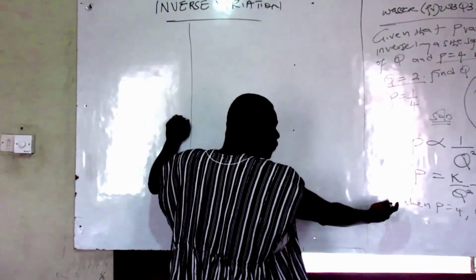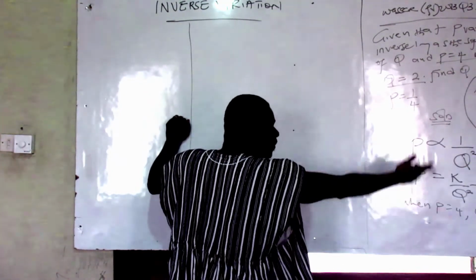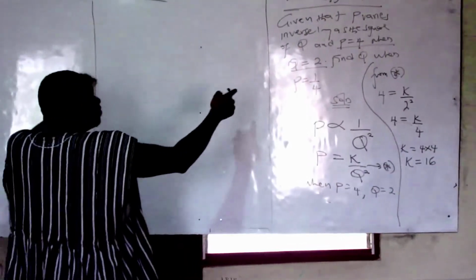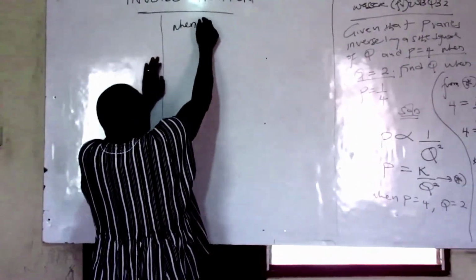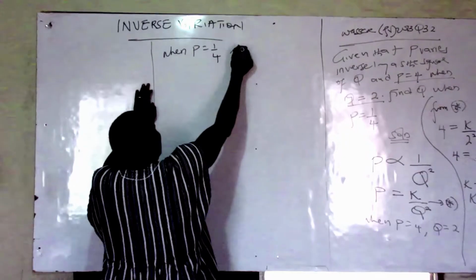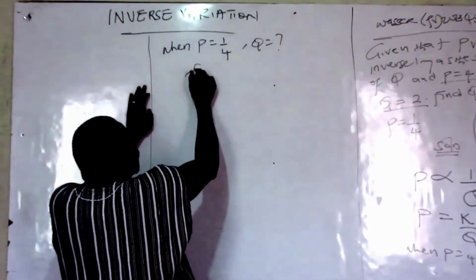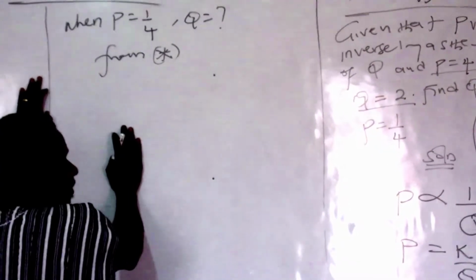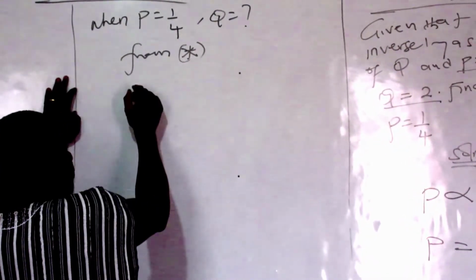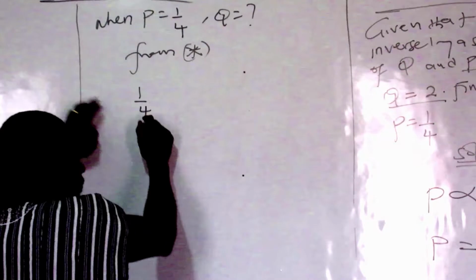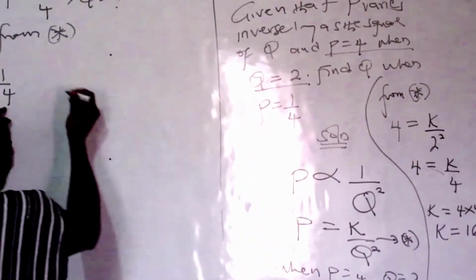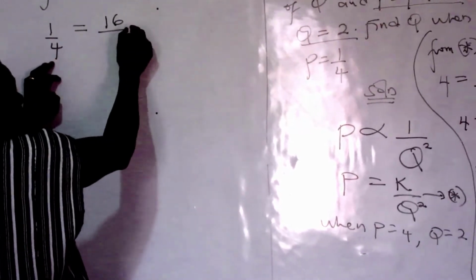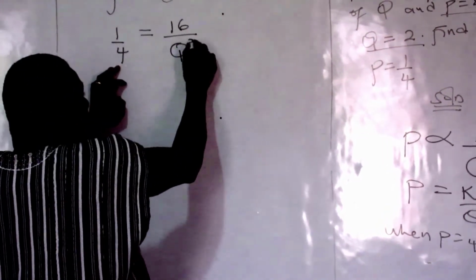So when p equals 4, q equals 2, we have done that already. We have k to be 16. Now find q when p is 1 over 4. When p is 1 over 4, q we don't know. So we go to star once again. Star tells us we have p as 1 over 4, and k as 16, and q we don't know.